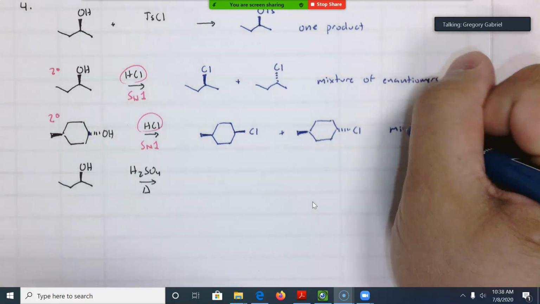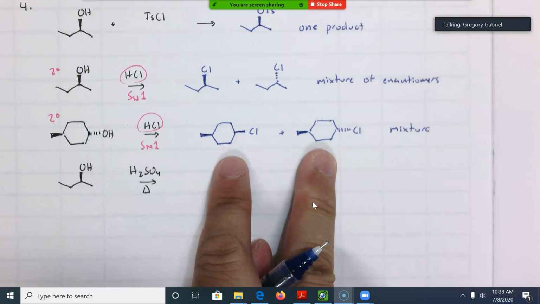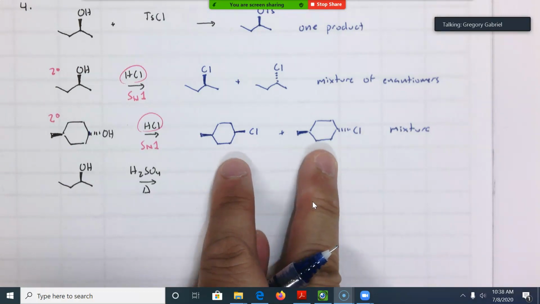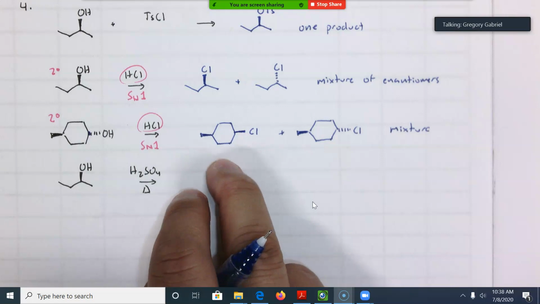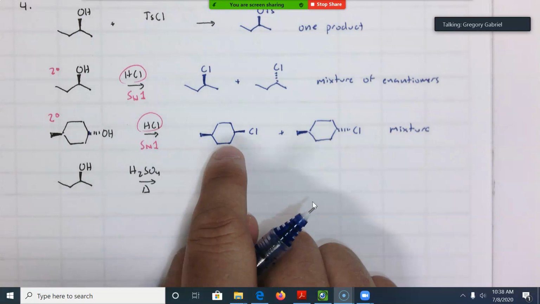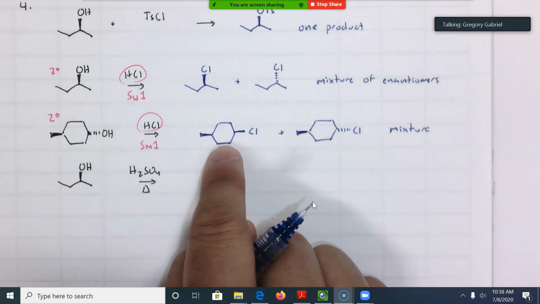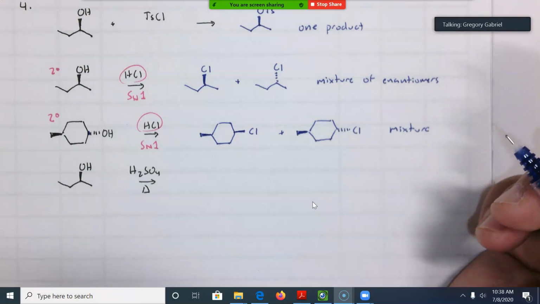Mixture of what? These are not enantiomers. You can't have an enantiomer of an achiral molecule, right? Because there's a plane of symmetry. But what do we have? We have a cis version and we have a trans version. Those aren't enantiomers. Those are diastereomers.